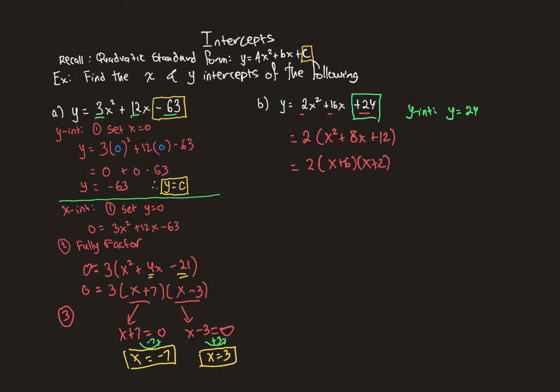And then you are going to make these both equal to 0. And you're going to solve out your x. And these are my two x-intercepts.